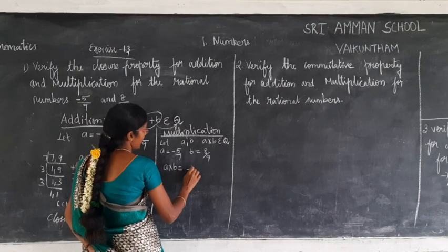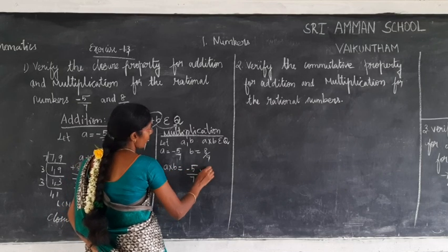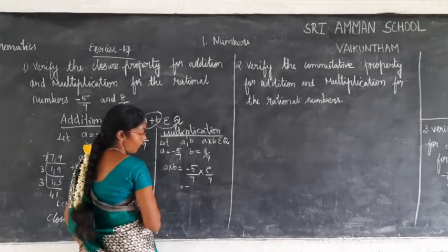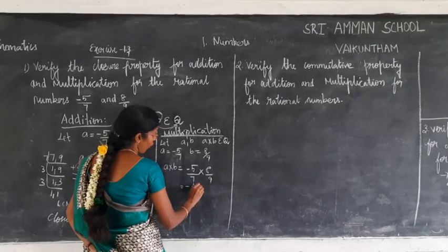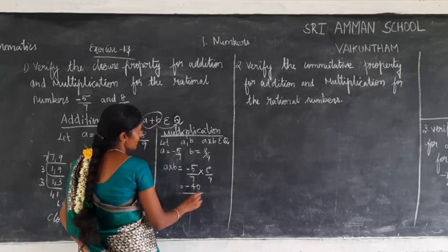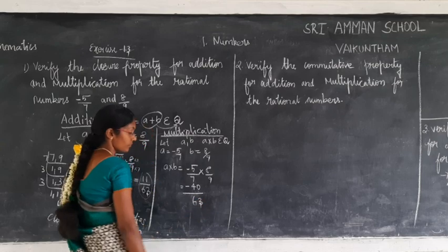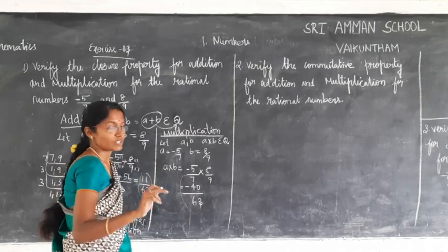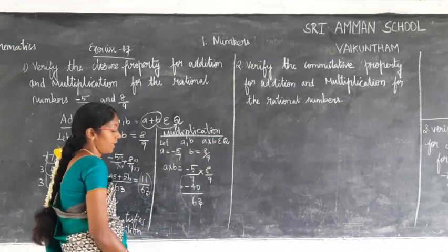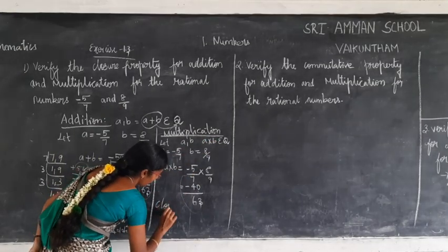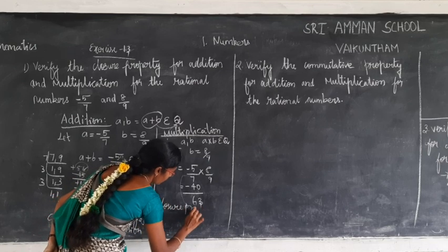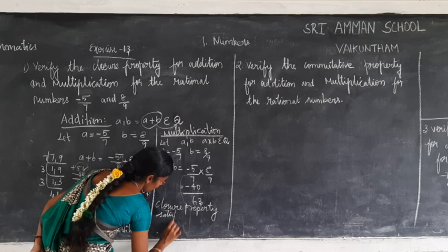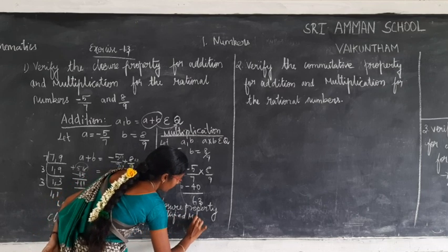Minus 5 by 7 into 8 by 9, which is equal to, minus into plus, minus; 5 8s are 40, 7 9s are 63. So minus 40 by 63 is also a rational number. It belongs to the rational numbers. So closure property satisfies multiplication.